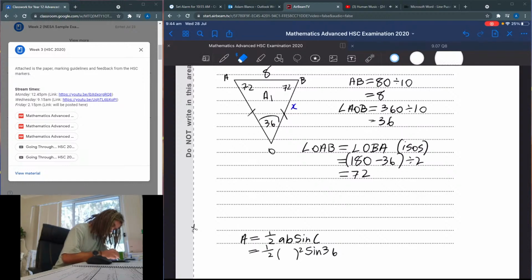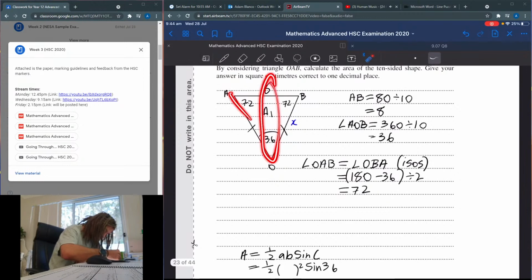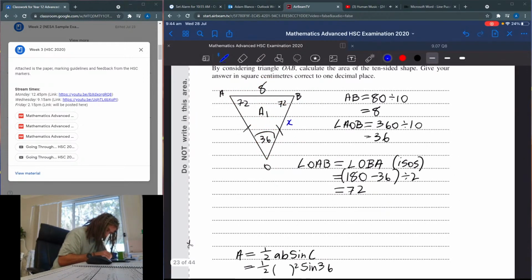Let's use the sine rule. So the sine rule relies on the fact that I've got opposites. I've got that opposite and that opposite. So I'll go X on sine 72 is equal to 8 on sine 36.